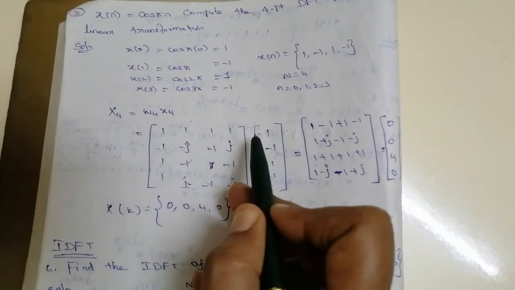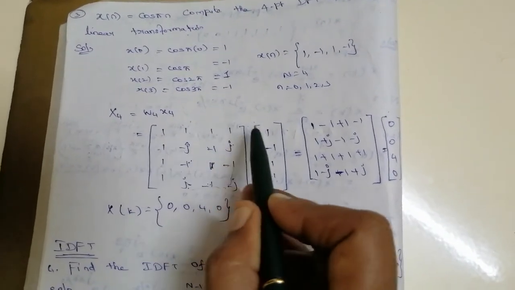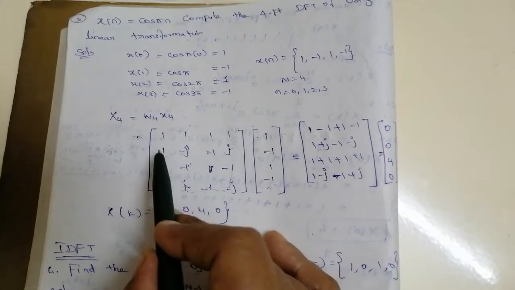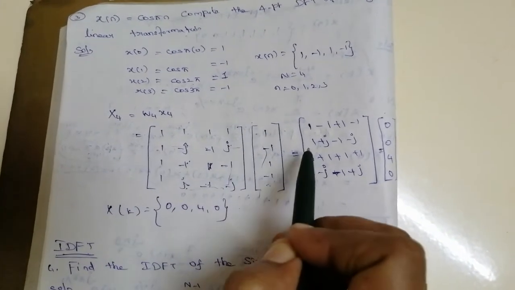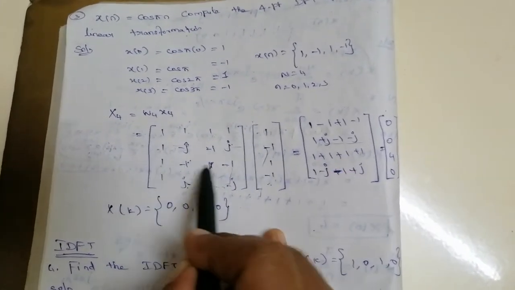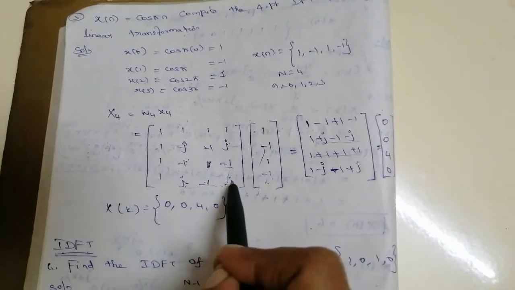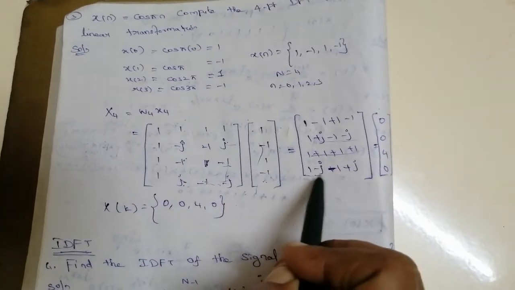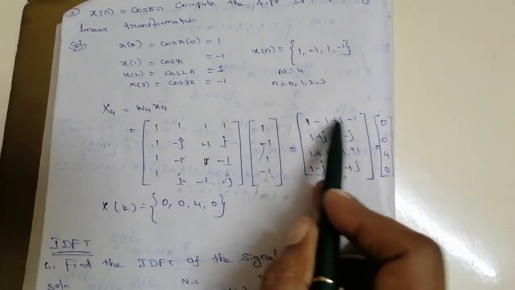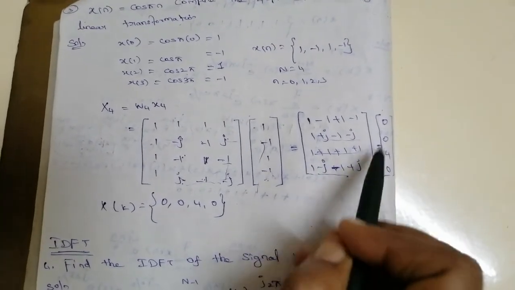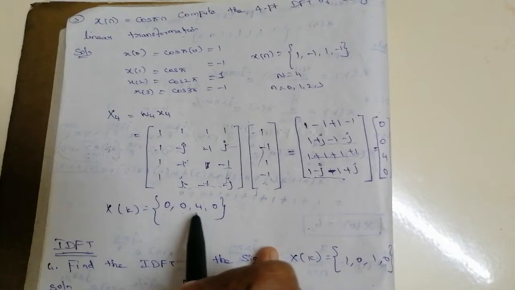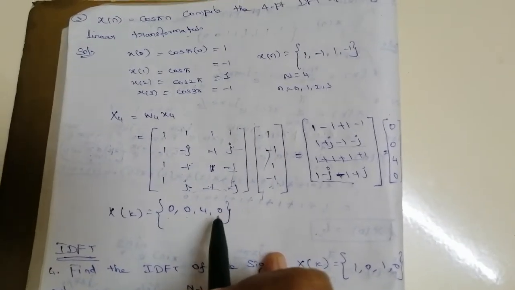Then apply the direct matrix multiplication. Multiply the first row with this column, and second row with this column to get this equation. Then third row, this column, we get this equation, and fourth row, this column, we get this equation. Simplifying these values, we get the 4-point DFT of the sequence as 0, 0, 4, 0. Is it clear?